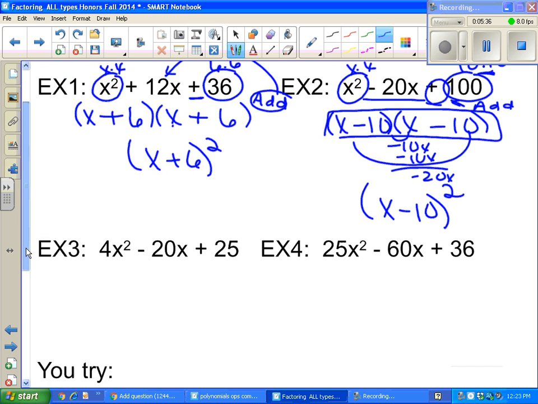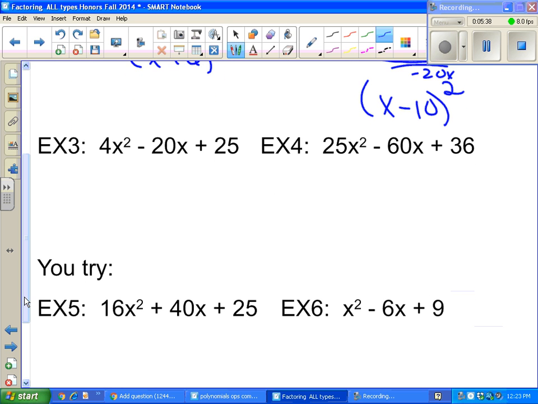All right, let's look at example 3 and 4, because in example 3 and 4, the first term is not something we've done before. But if I check, the first thing I'm going to do is say 4x squared is a square. So if this is a square, and this back here is also a square, then it probably will turn out that double the product of the factors is the middle term.